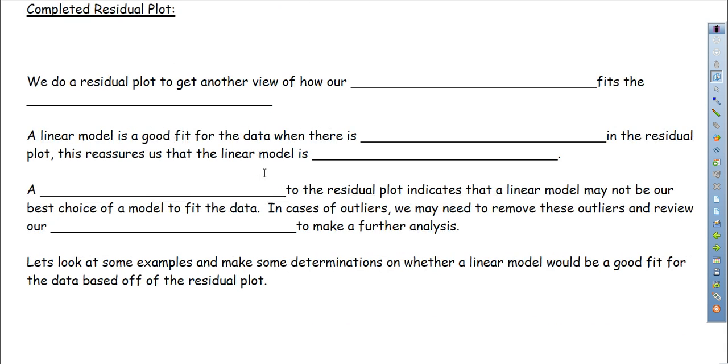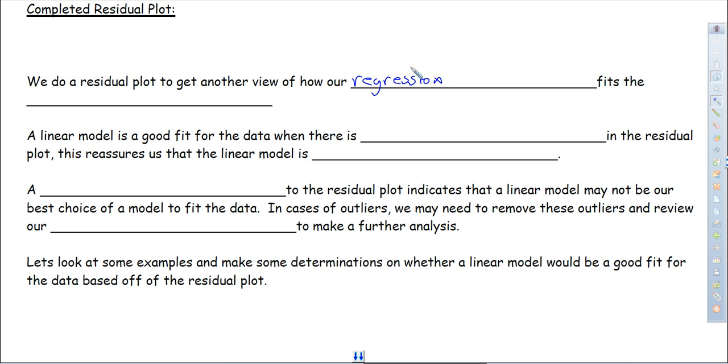So when we do a residual plot, it's just another way to get a view of how our regression line or prediction line, or curve, because we're going to look at this with curves also, fits the data. So we're just focusing on linear models right now.